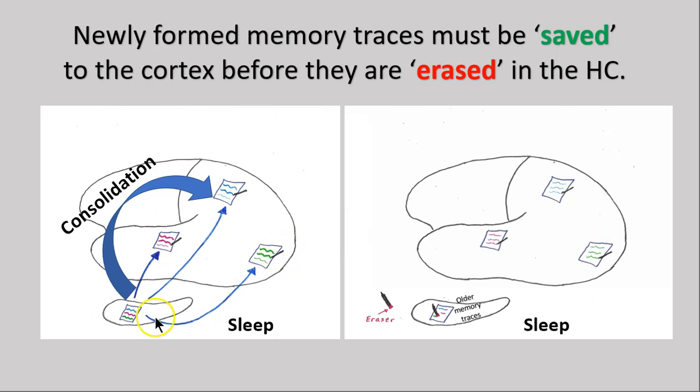But then, because the hippocampus has limited memory capacity, we're going to need to erase those memory traces in the hippocampus to prepare the hippocampus for new learning. So newly formed memory traces must be saved to the cortex before they are erased in the hippocampus. So this is another reason why we have to do this consolidation process to keep the hippocampus ready to learn.